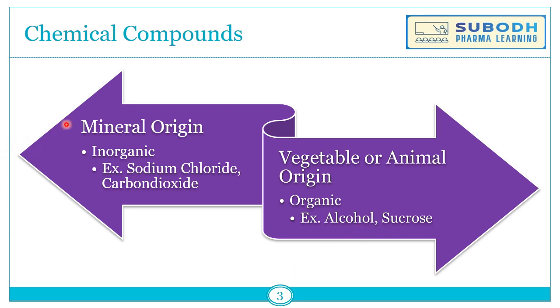However, most of the compounds formed by living cells, that is from plants and animals, contain carbon. Hence, the emphasis was shifted from origin to composition, and organic compounds came to be considered as those containing carbon.